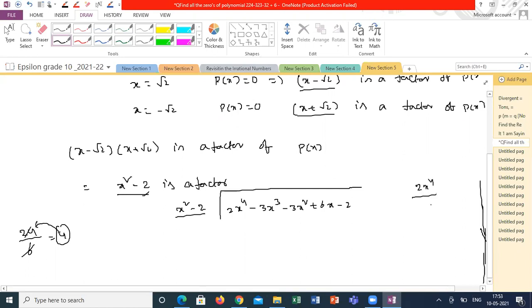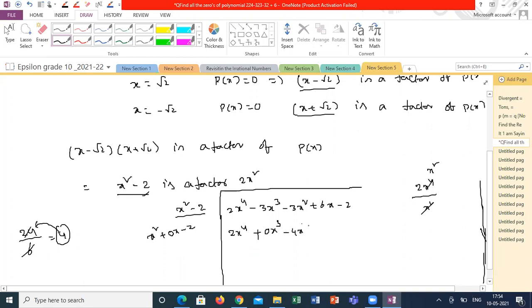2x power 4 by x square. This will be 2x square. 2x square into x square is 2x power 4. Minus, you won't get 0. This is 0x cube, because the divisor can be written as x square plus 0x minus 2. Then it will be easy for us to calculate.